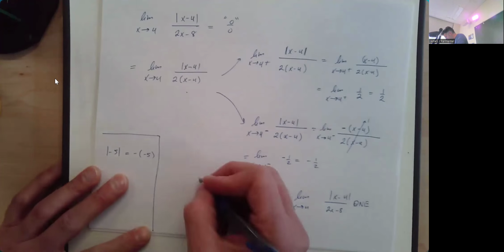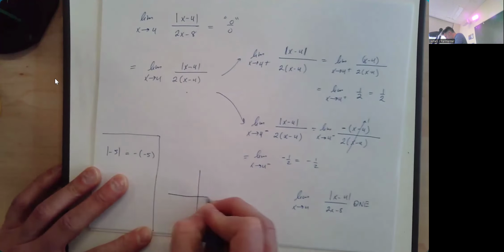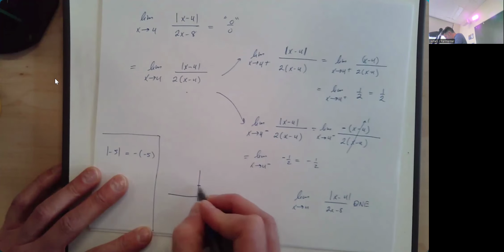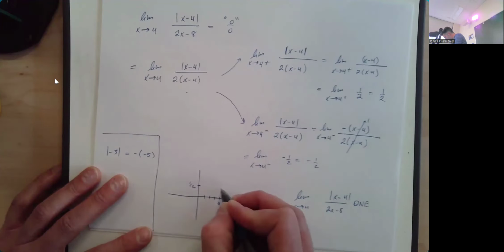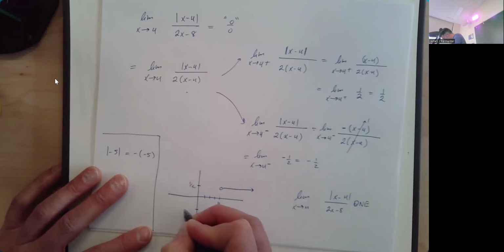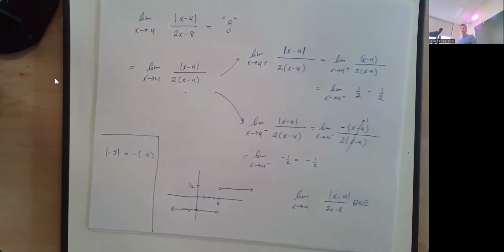Graphically, here's what's happening. There's 4, and on the right side of 4, this function is equal to +1/2. On the left side of 4, this function is equal to -1/2. And at 4, it's totally undefined. But the right-hand side and left-hand side are clearly not approaching the same value.